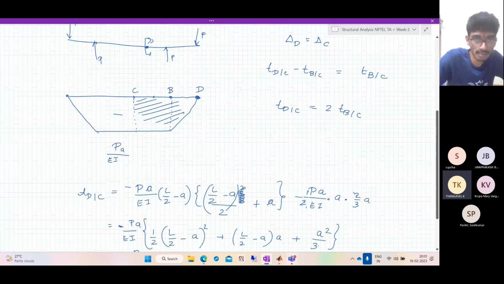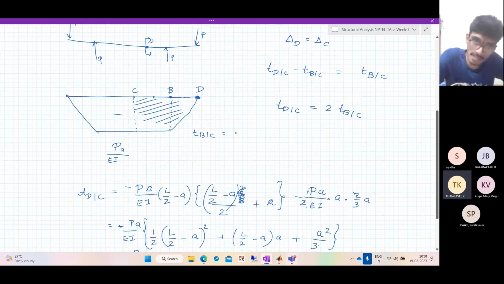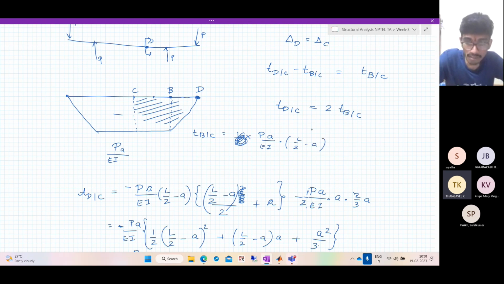TB with respect to C is even more simple. So TB with respect to C is nothing but P A by EI acting at L by 2 minus A, acting at half of L by 2 minus A. So it's nothing but minus PA by EI into L by 2 minus A the whole square.